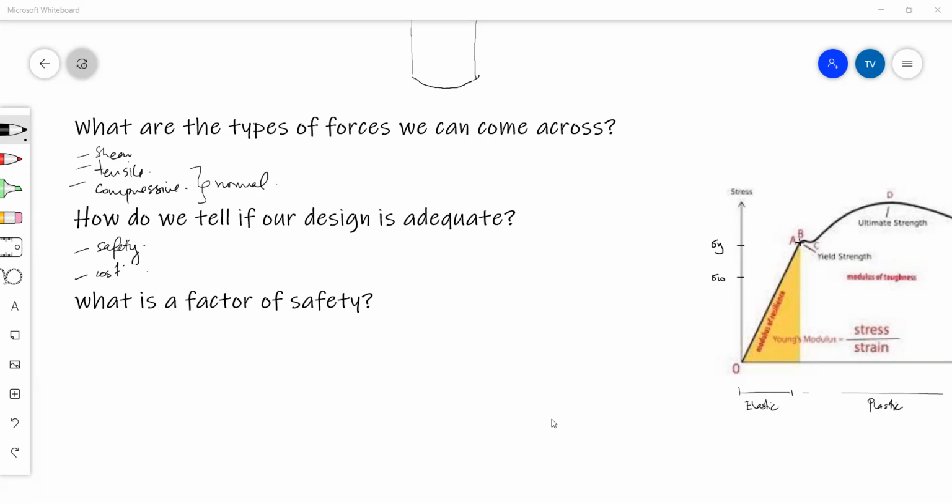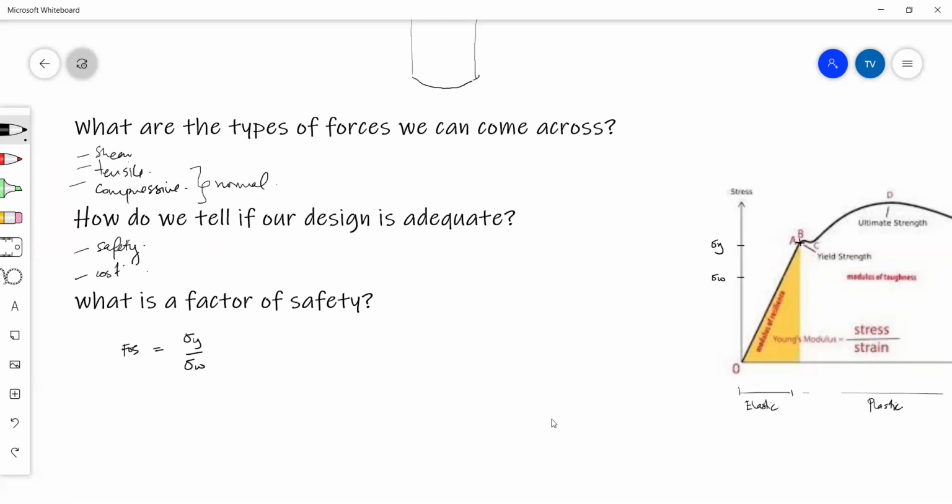The factor of safety is the direct relationship between yield stress and working stress. It's the ratio of the yield stress and working stress. Like I was saying, we always try and design our components to be less than the yield stress.